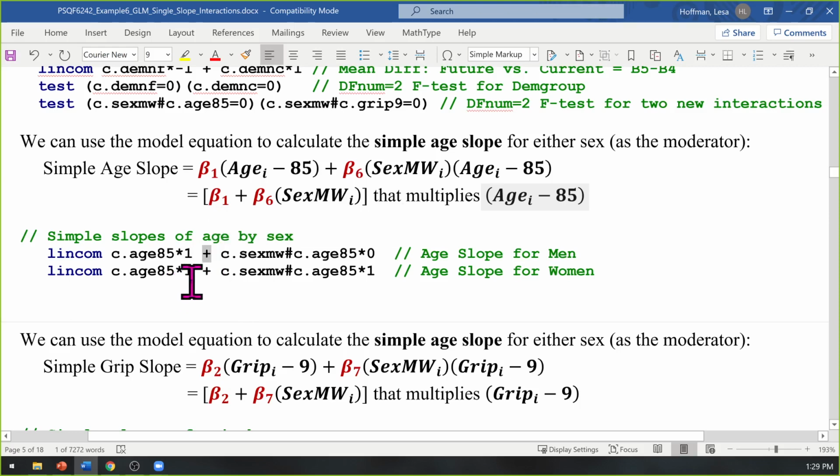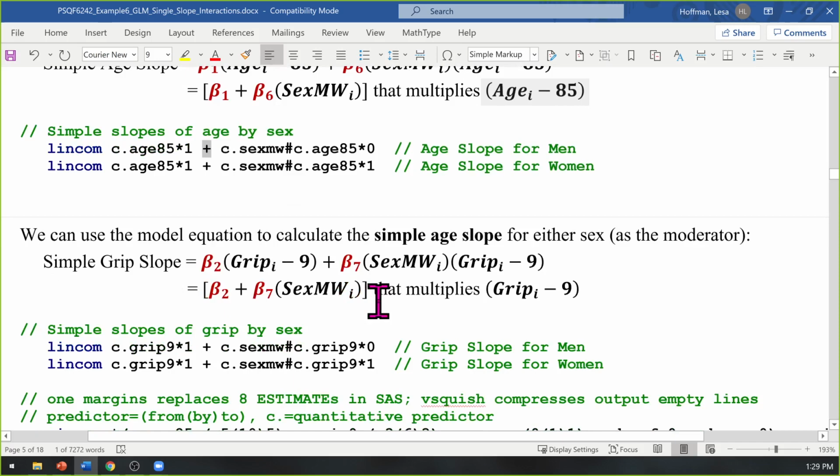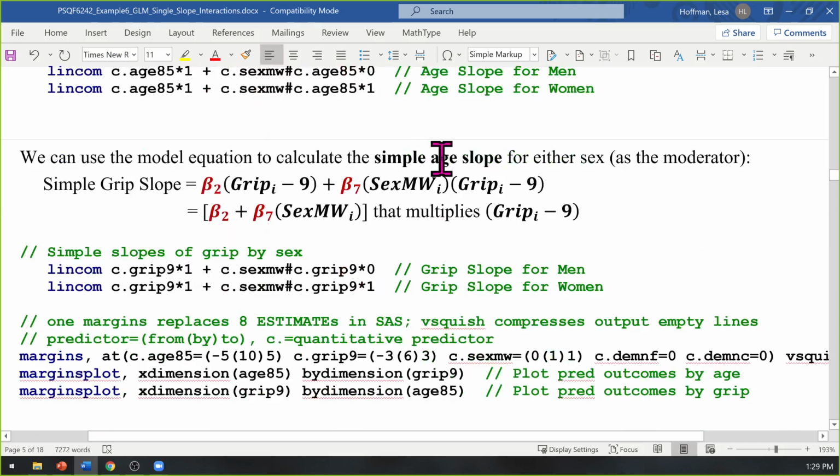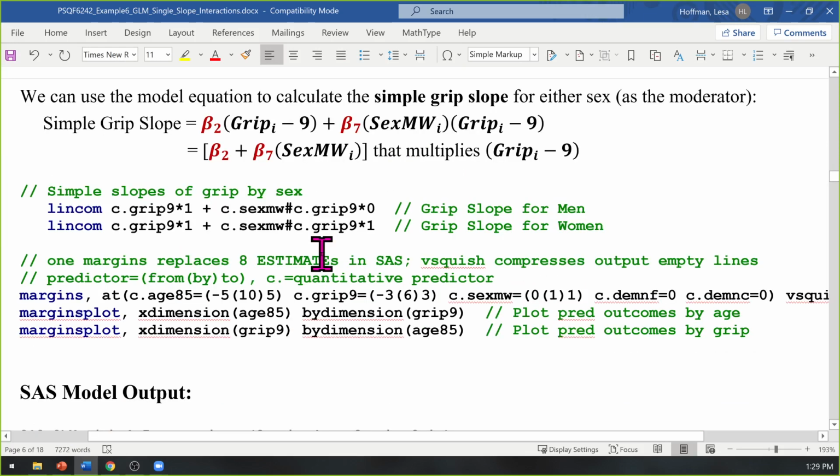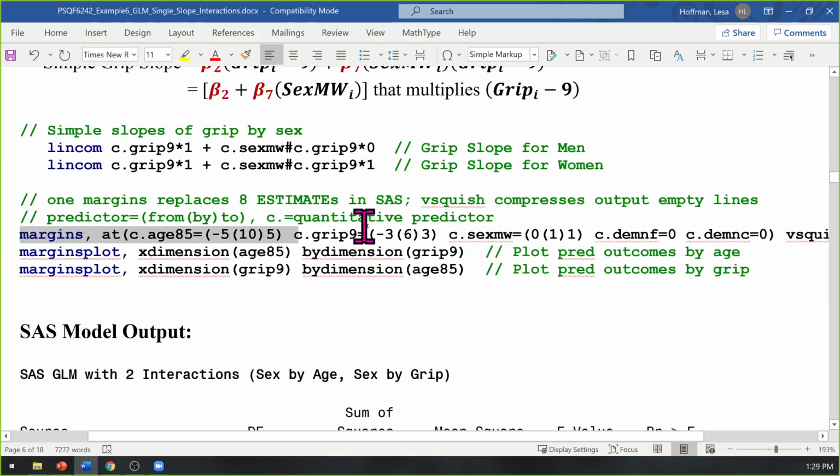So the simple slopes for age by gender, where we have 0, 1. The simple slope for grip, still with the same typo. There we go. And it looks very much the same. And then, of course, Stata wins on the margins. You don't have to work nearly as hard in Stata because once you put in the values that you're plotting, it understands that the interaction terms go into those predicted values.